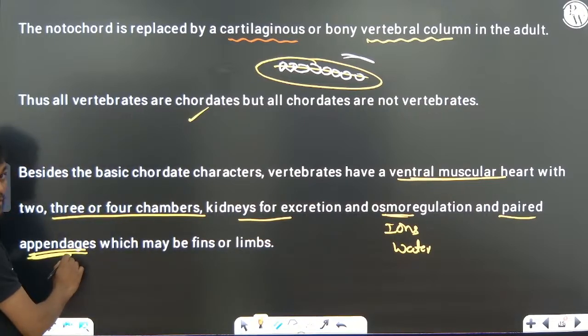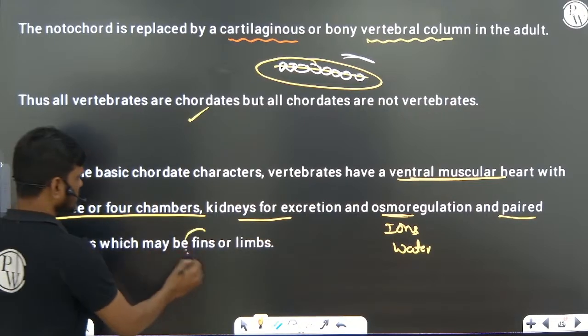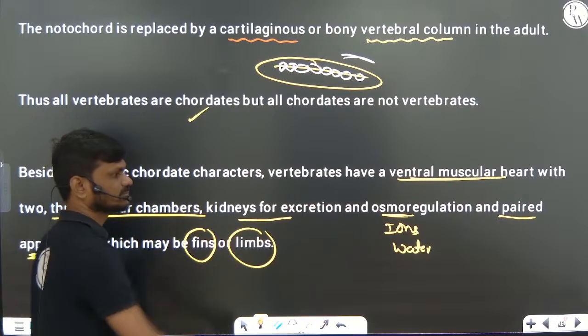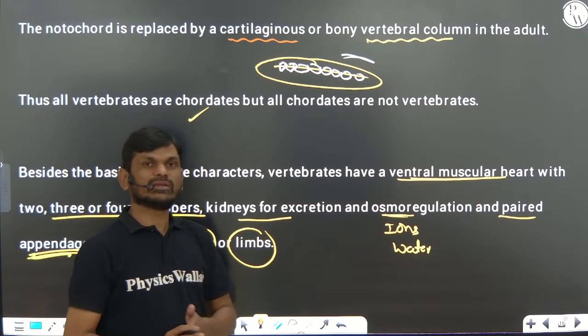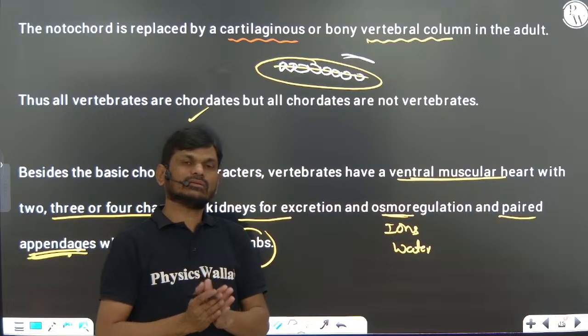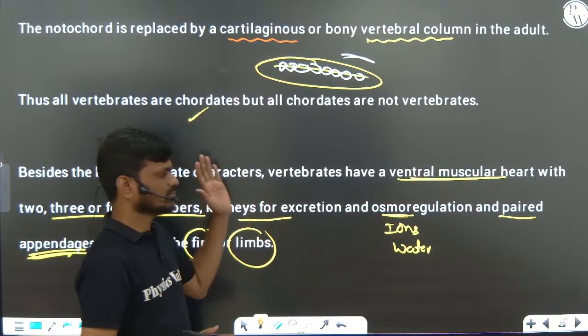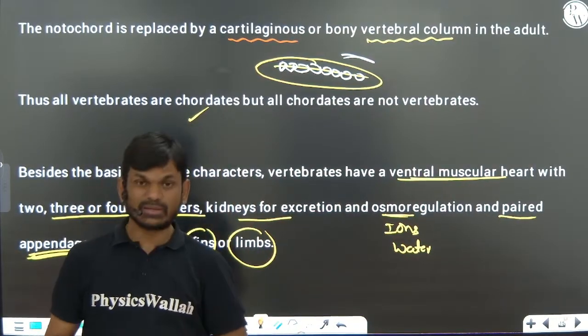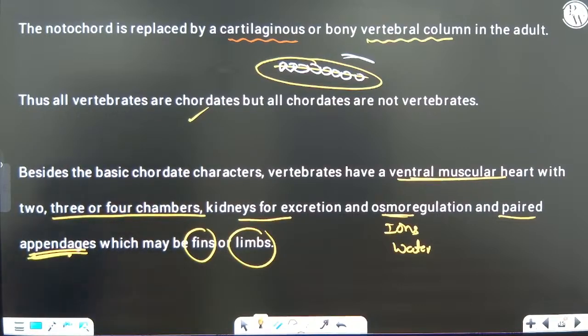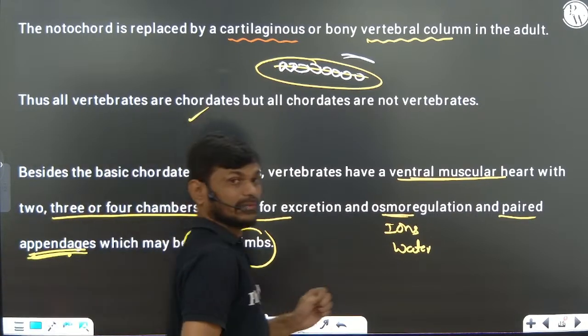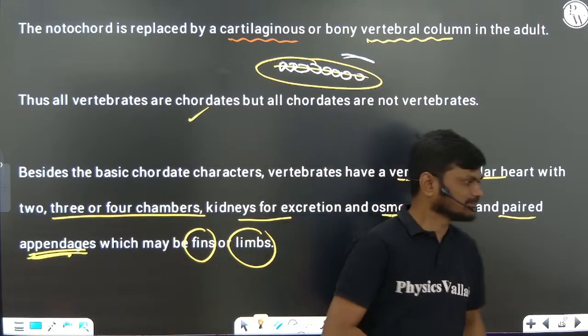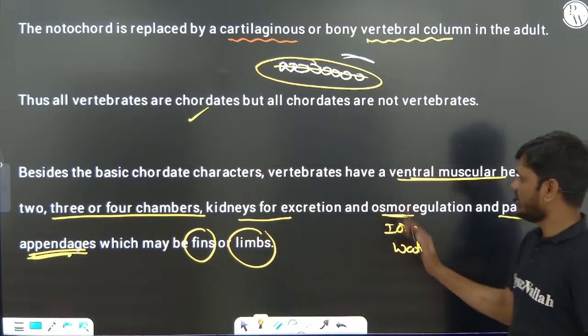Paired appendages are present that may be fins or limbs. This is very important. I hope this is clear.